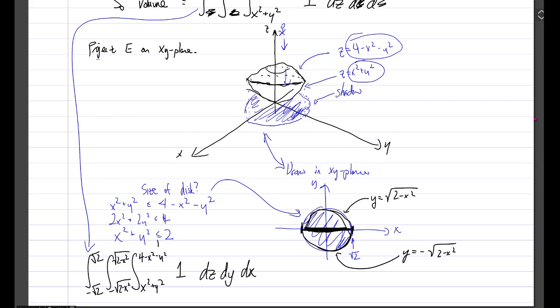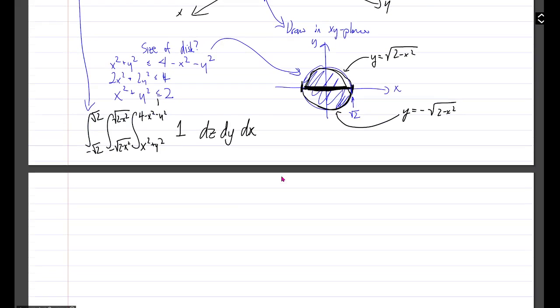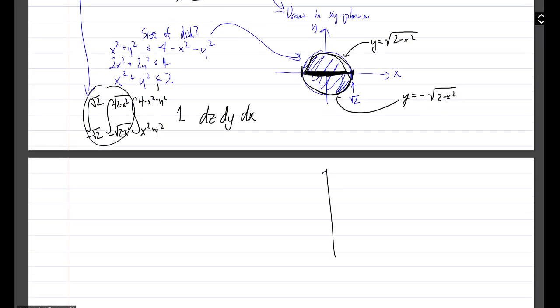Just to make sure that we're clear with where these numbers came from, we had this filled in disk here. At the outer edge, this was root 2 and this was negative root 2.